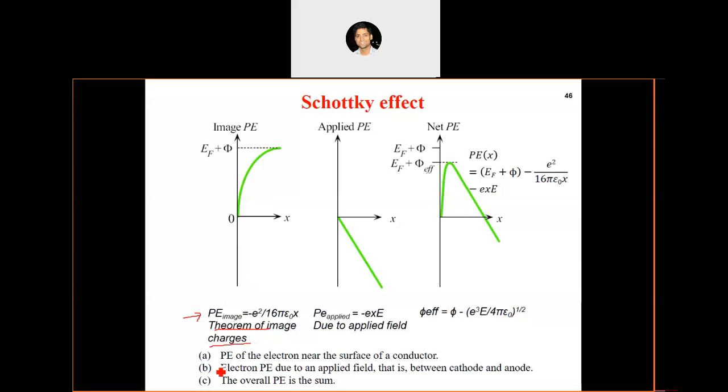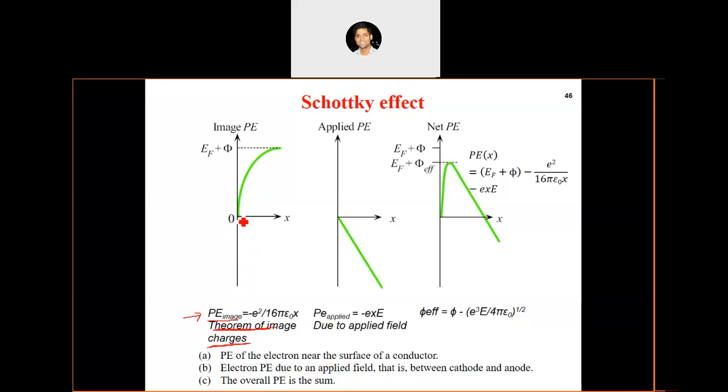You can read about this theorem anywhere. From there, the potential energy of the electron at a distance x from the surface can be defined, and we can plot that like this here. All right.